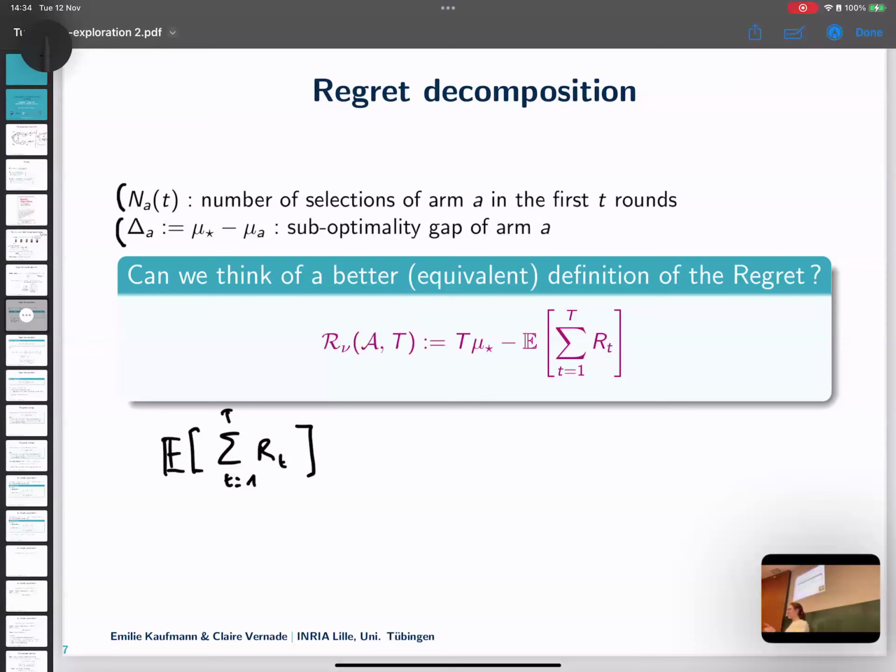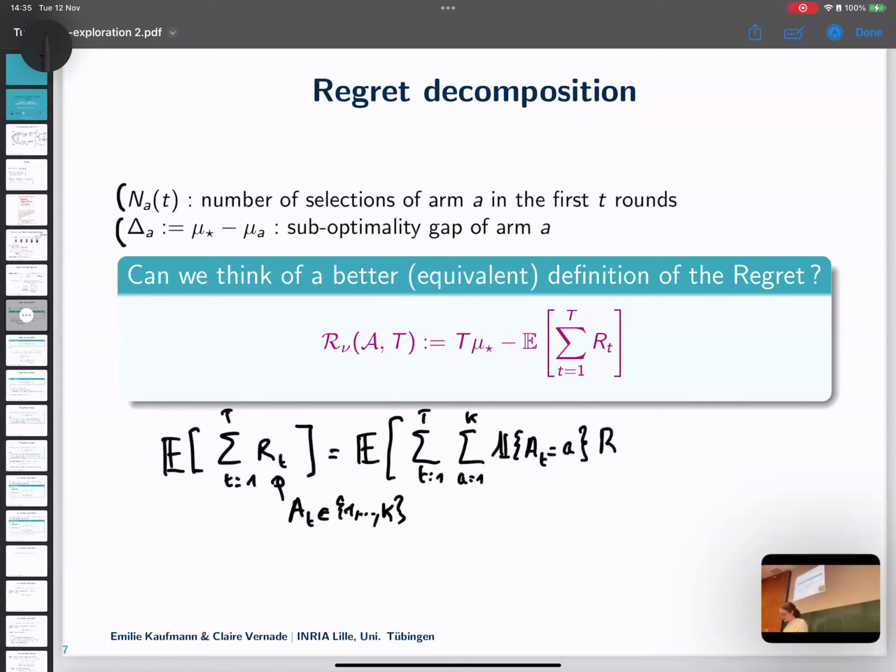So this thing comes from a certain arm, A_t, one arm out of K. So what I can do, and I'm not adding anything by doing this, is say that this is the sum over the time steps of the sum over the arms of the indicator of A_t equals A, times R_t. Does that make sense?